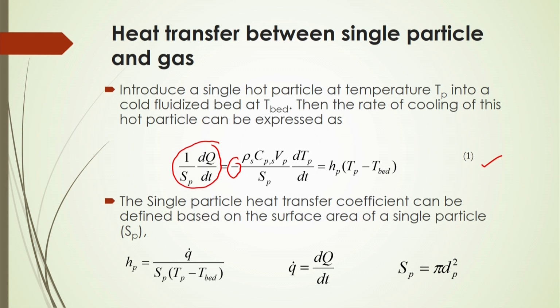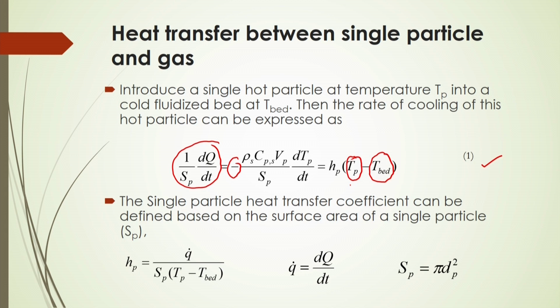Now, if we supply the gas or liquid inside the bed, then for the single particle, heat will be removed from this single particle to the medium. If the medium temperature is T bed, that means the fluidized bed temperature is T bed, and the particle temperature is T p, then the temperature difference will be T p minus T bed.